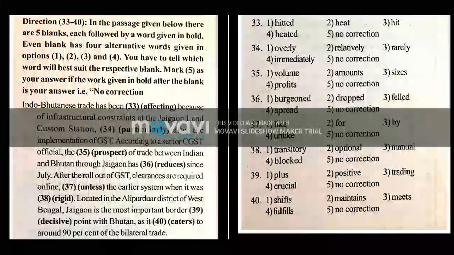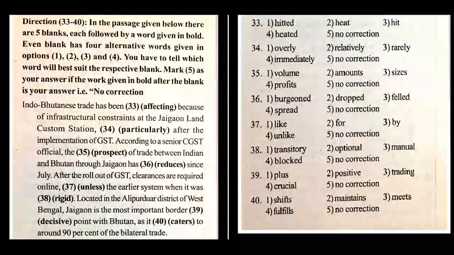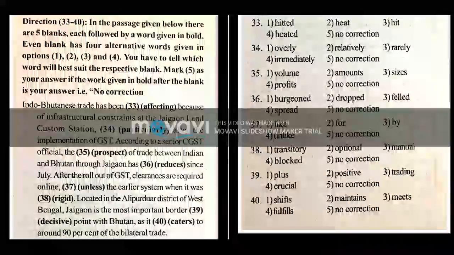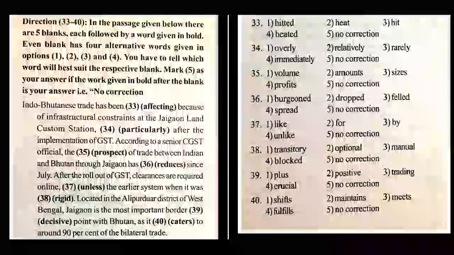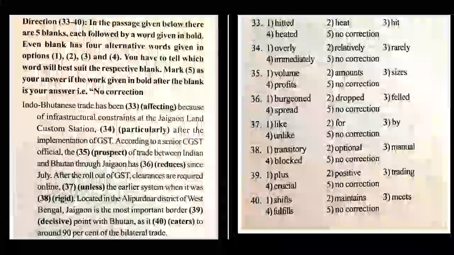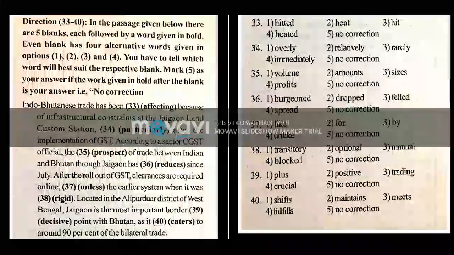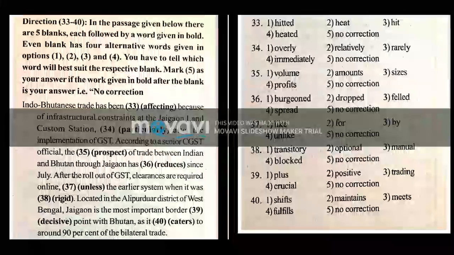This also cannot be the answer, because it means we are comparing with something, but we are not making any comparison. We need a word that indicates that something happened after the implementation of GST. So option number 2 is eliminated. Then rarely. Rarely means on very few occasions or occasionally. Again, it doesn't have any meaning in the context. It is also eliminated. Then we have option number 4, immediately.